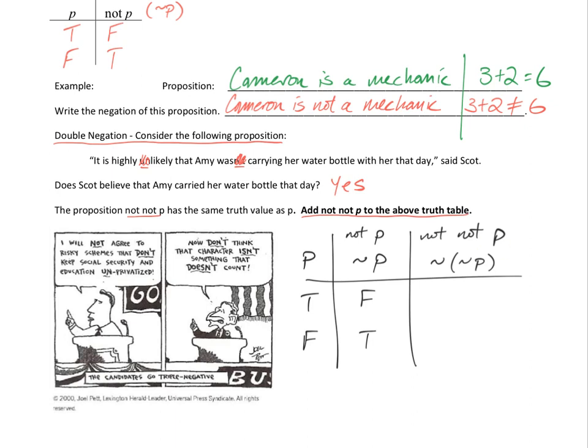Not not P, or squiggle squiggle P. And it's basically like when you have a negative times a negative in math, they will cancel each other out and it'll become positive again. So this truth value matches exactly that truth value. And the same thing here with the false.